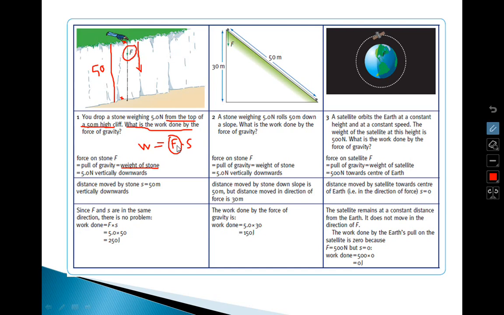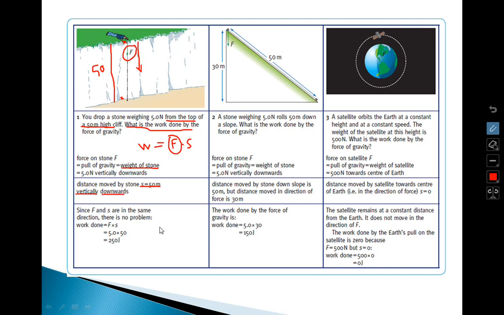And next we need to figure out the value of S. As we said in this example, a stone is dropped from the top of 50 meter high. So the distance moved by the stone is equal to what? 50 meter, in the direction of vertical downwards.